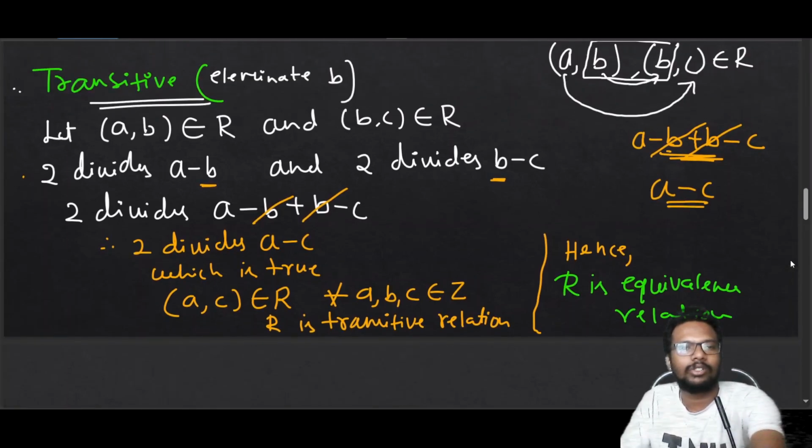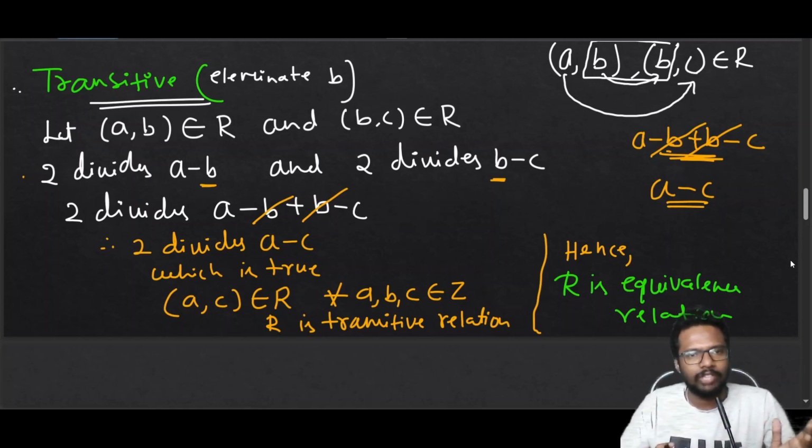I hope you all understood this part: reflexive, symmetric, transitive. In the same way as in the previous video, but in the place of t1 and t2, here we are getting a and b.